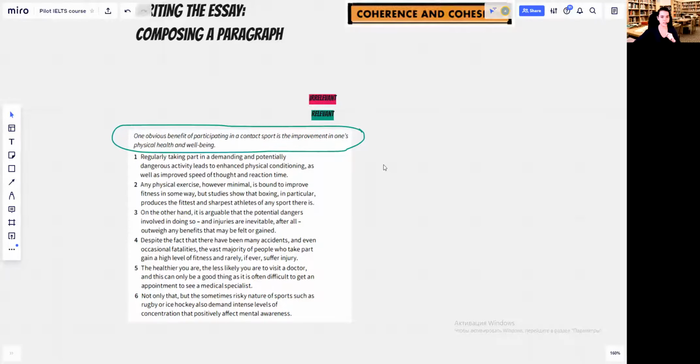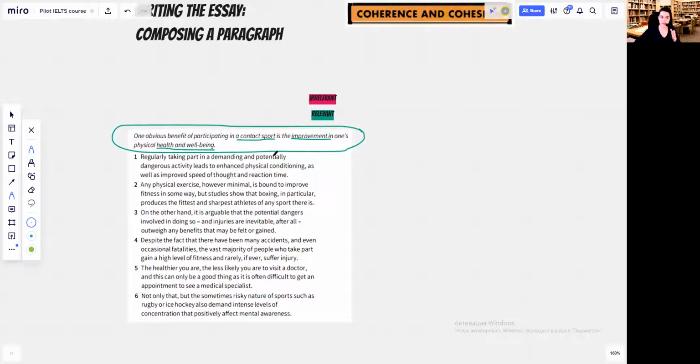So, would you call it a relevant development? I would, because it's got everything we need. Participating in a contact sport improves health and well-being. This is basically what the sentence says.